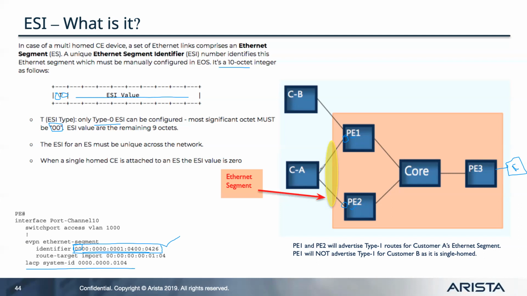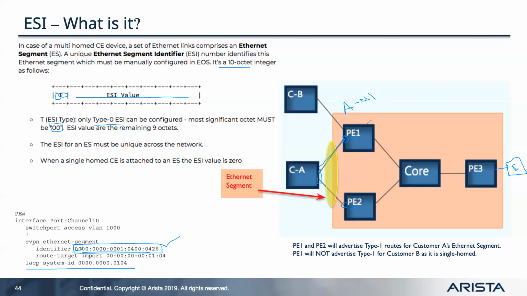Now, because this is an MLAG port channel, it will send the packet out on any of these links. Let's say it's sending out the packet here. So your MAC is learned here, say MAC A, learned locally on ET1, correct?